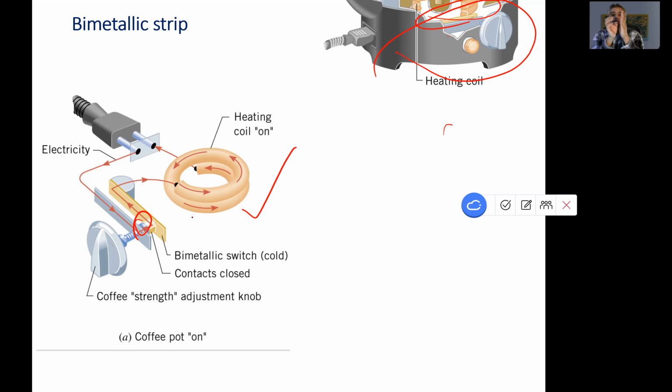If one is expanding more than the other, both of these are expanding, but since one is expanding more, one is going to bend more than the other. Because of that, this joint separates once you heat up to a certain temperature. And when it breaks, for different temperatures, it is calibrated, and that is set with this knob.